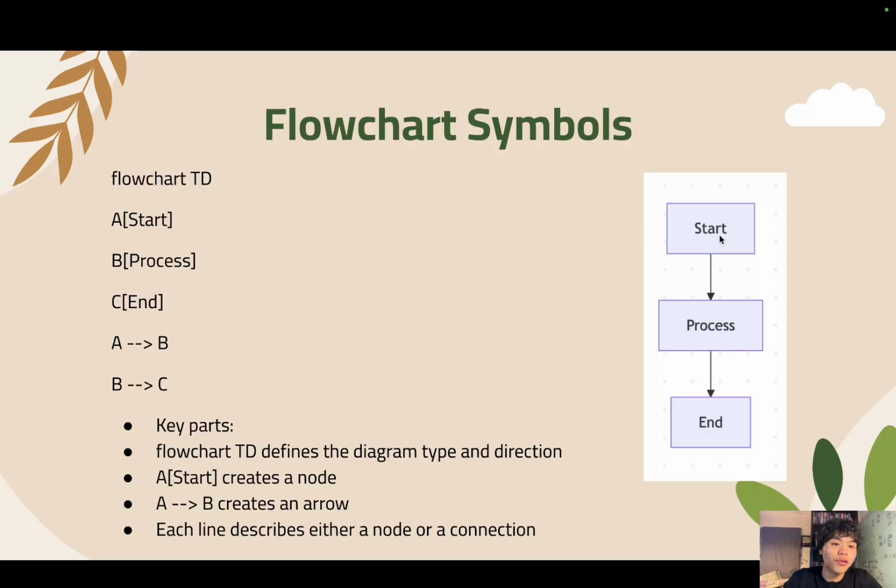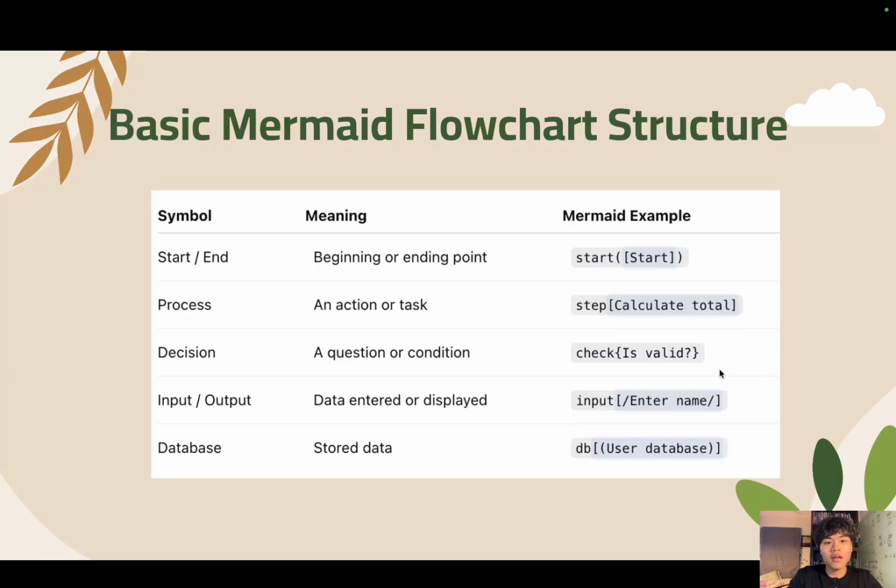You have 3 blocks: start, process, and end. Accordingly, we have 3 nodes. Then I connect the nodes together with arrows. I connect A to B, start to process, and B to C. You notice that each line describes either a node or a connection, which is very handy.